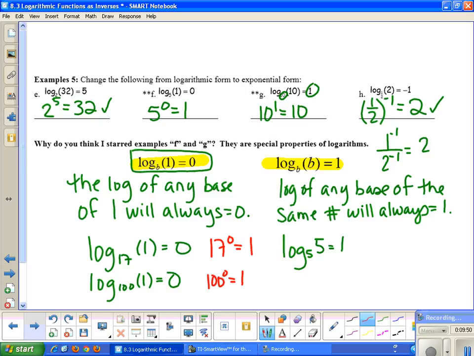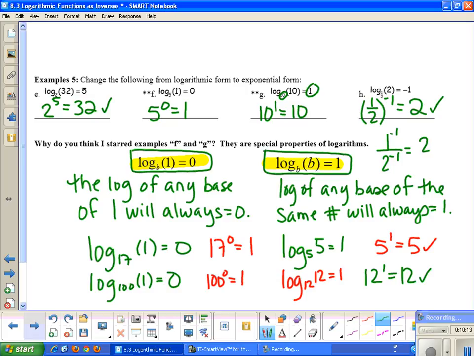And you can also check by using the exponential form because 5 to the first power is equal to 5. If I had the log base 12 of 12, I know it's going to be equal to a value of 1. And the reason that is because 12 to the first power equals 12. So again, this is another property that you should know.